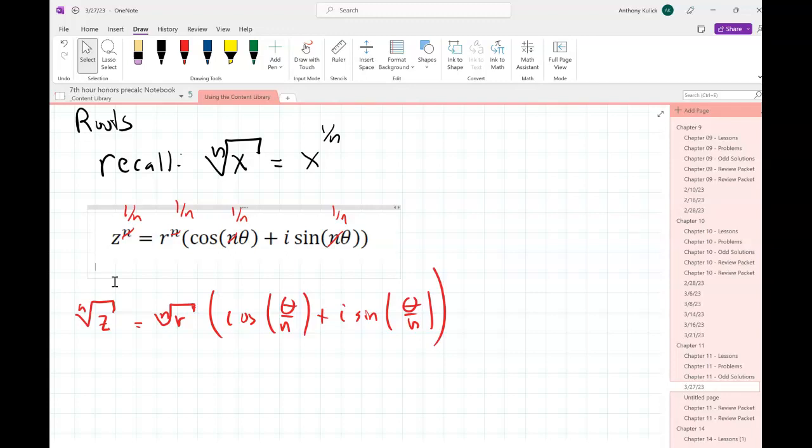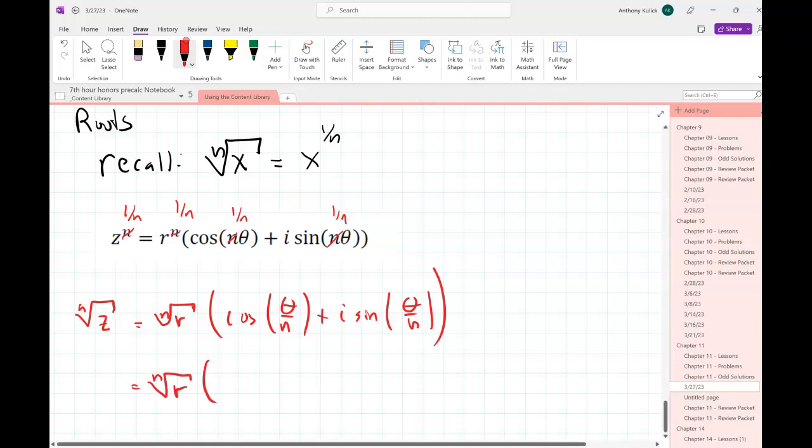Well, let me ask you this. Let's say I wanted to do cosine of 90 degrees and cosine of 450 degrees. What can I say about those two things? 90 and 450. They are coterminal, so what are their cosines going to be? The same. So, what if we have some coterminal stuff going on here?